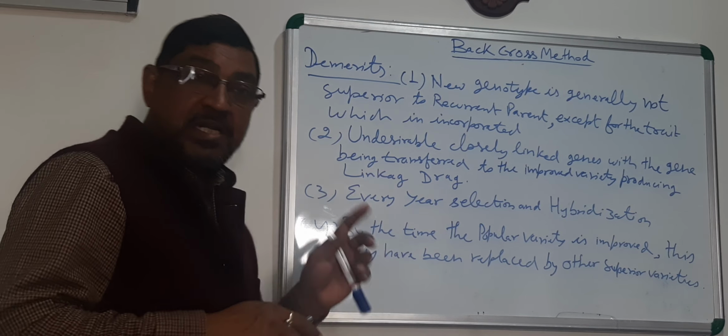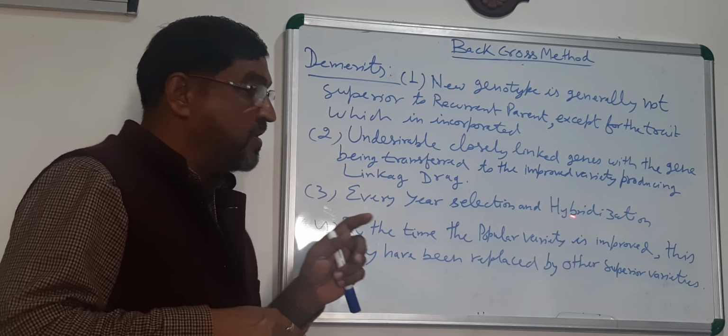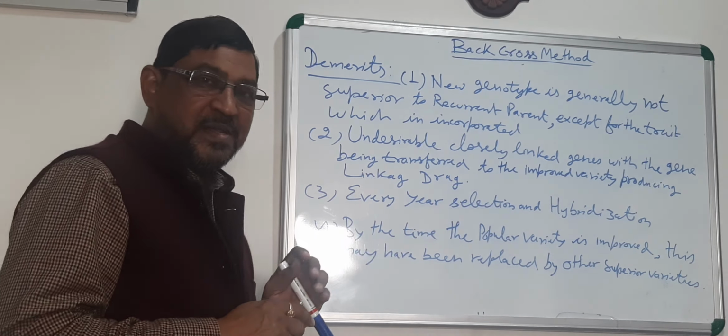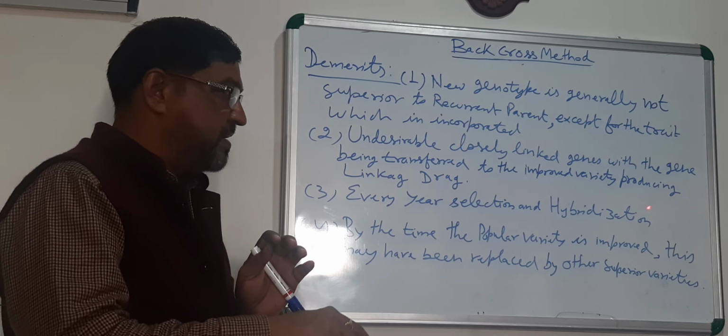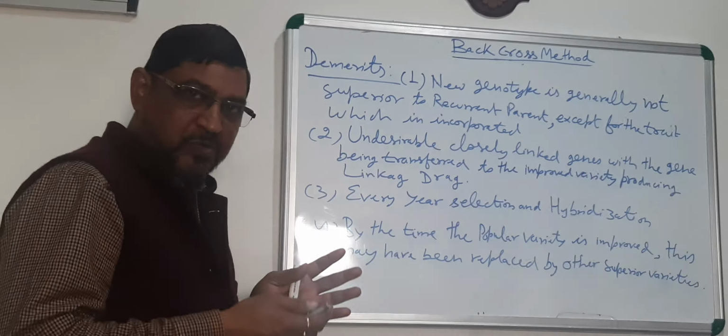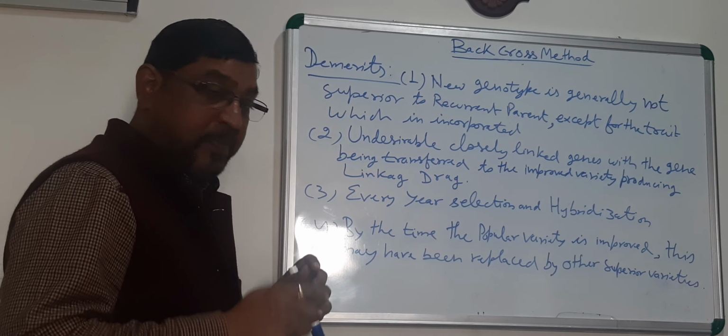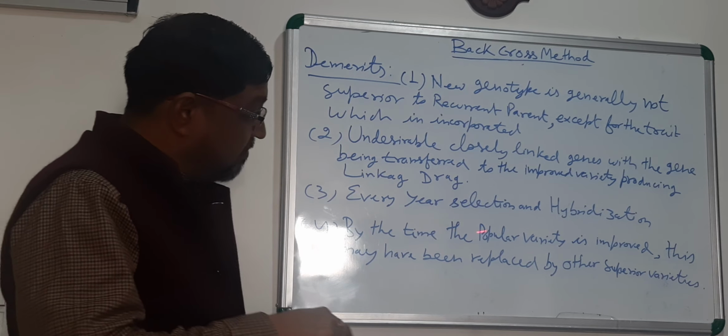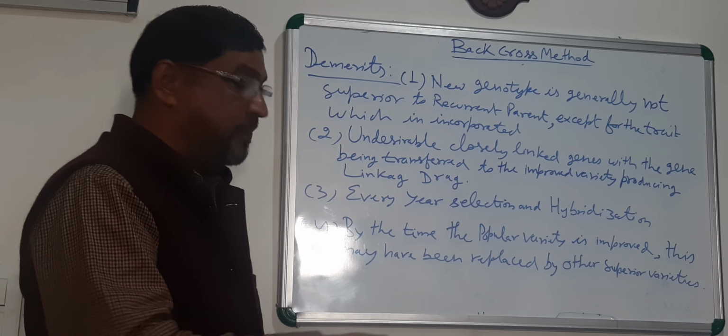Every year selection is required, every year hybridization is required. So keep in mind that every year the breeder has to go to the field for proper selection and hybridization. But this is the most problematic thing.